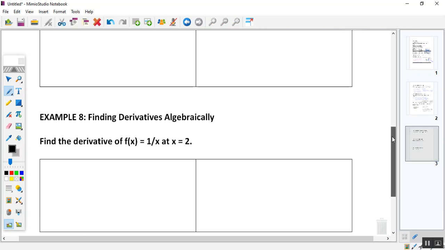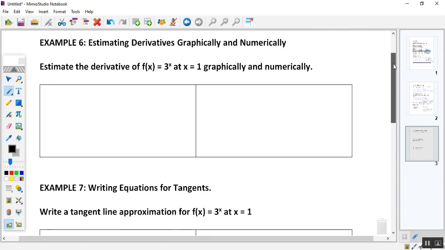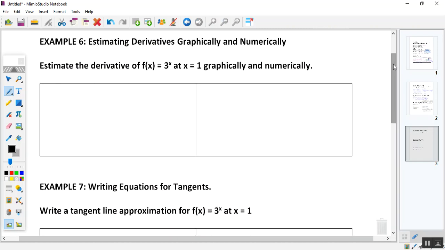All right. So what's going on here next page? Ooh. You guys are going to tell me how to set this up. I want to know the slope of the function f of x equals 3 to the what? 3 to the what? At what point? Okay.